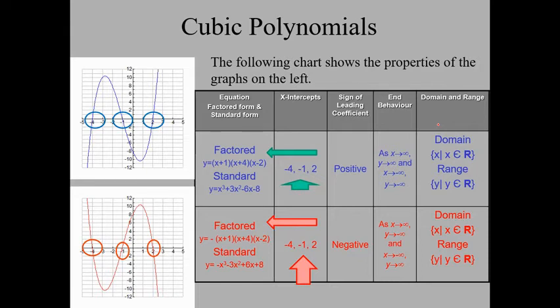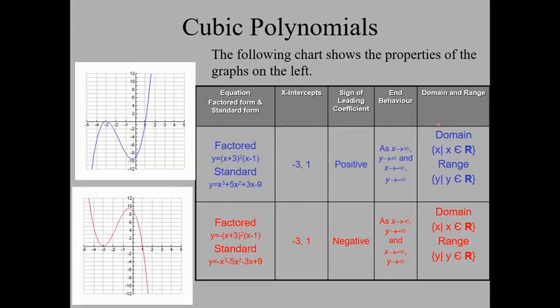So all the signs have changed. So we have negative x cubed minus 3x squared plus 6x plus 8. All right, but the roots are the same. Notice that each root only has one set of parentheses. So the sign of the leading coefficient is negative in this case.